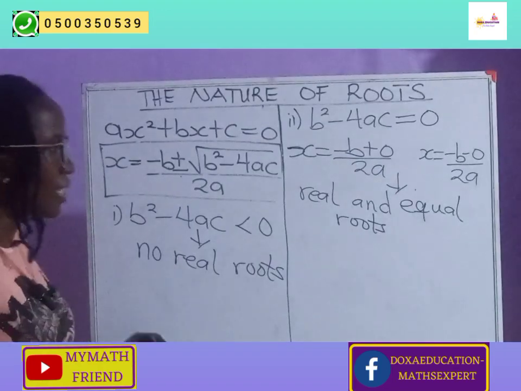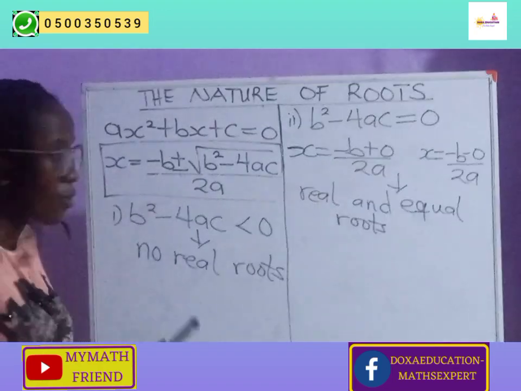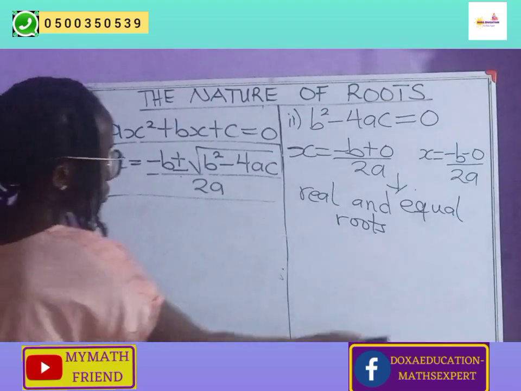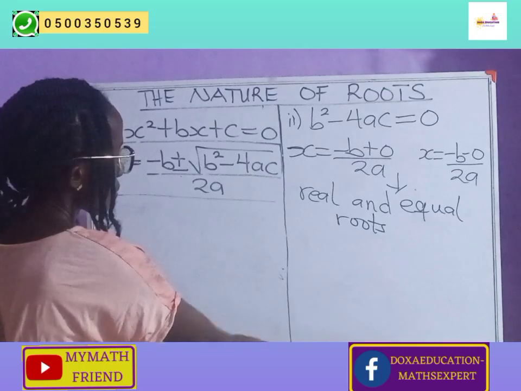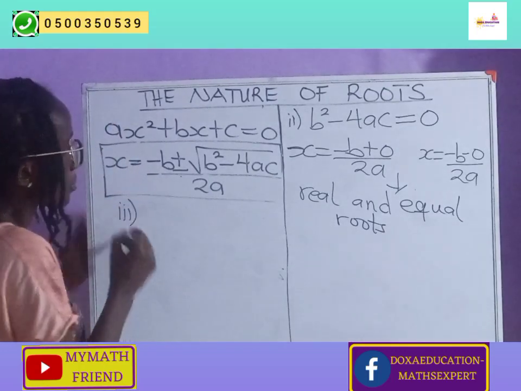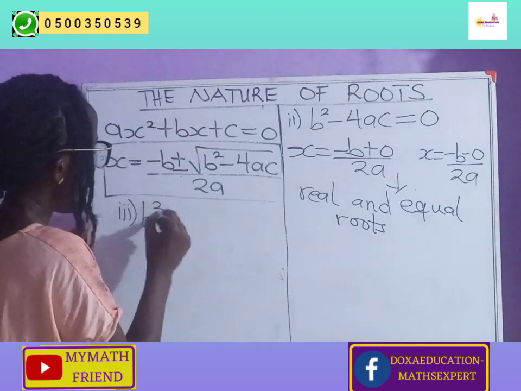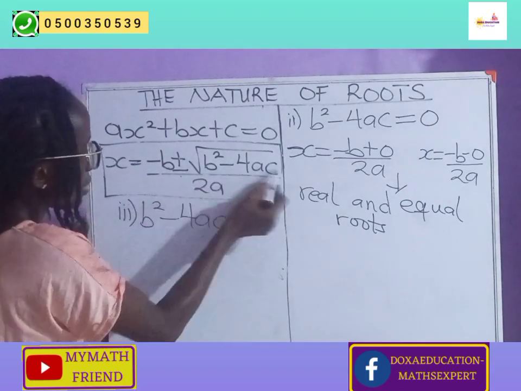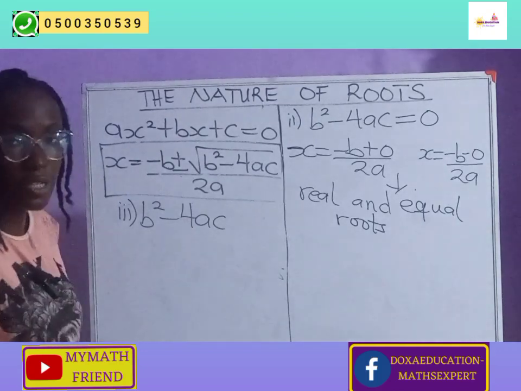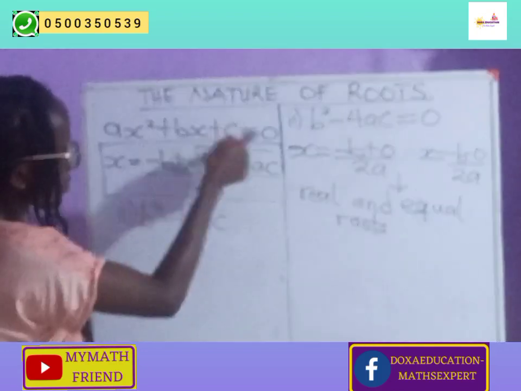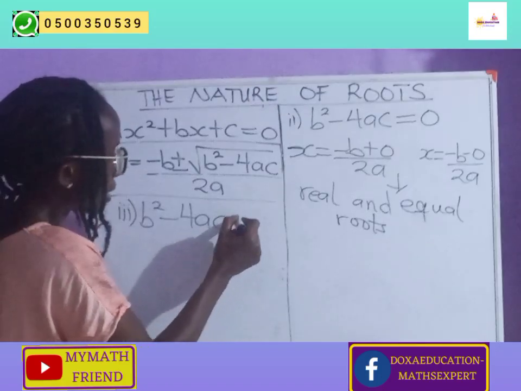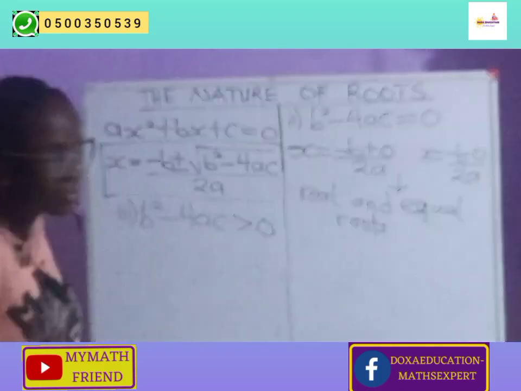Let's look at the third and final case in describing the nature of our roots, still using b squared minus 4ac found inside the square root. After substituting the values of a, b, c from the equation, your constant will be greater than 0.